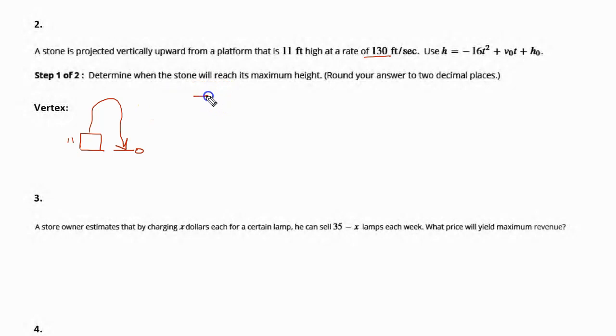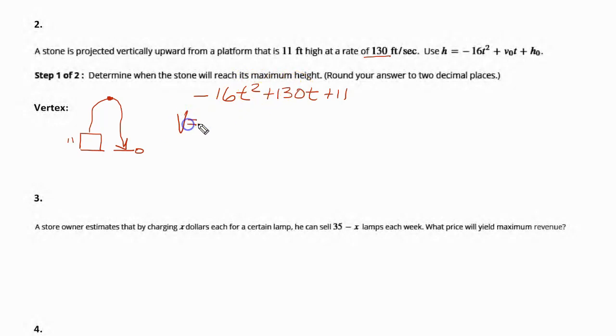Well, they're saying it's negative 16 t squared, right from the formula. Our initial velocity is 130 times t, and our initial height is 11 feet from the ground. So we're wondering, when will it reach its maximum height, and what is the time? So we want to solve this for its vertex.